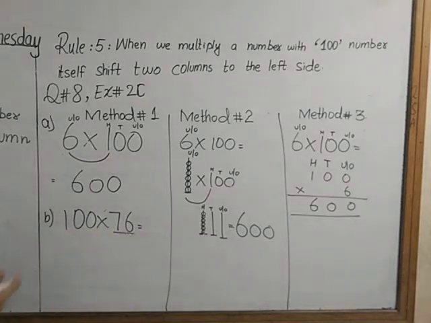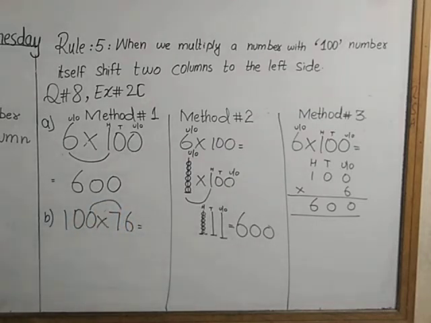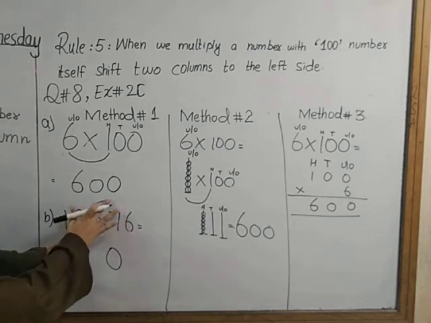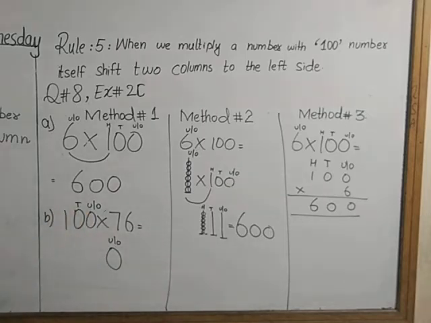First, multiply. आप 76 को भी 100 के साथ मल्टीप्लाई कर सकते हो, आप 100 को भी 76 के साथ मल्टीप्लाई कर सकते हैं. Like 0 0 76 are unit or ones. Now we are going to multiply the tens place value with the number.